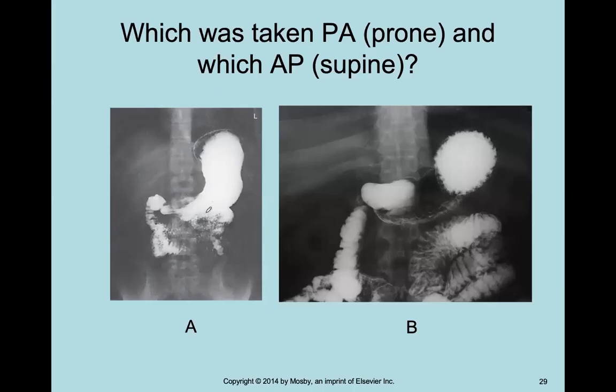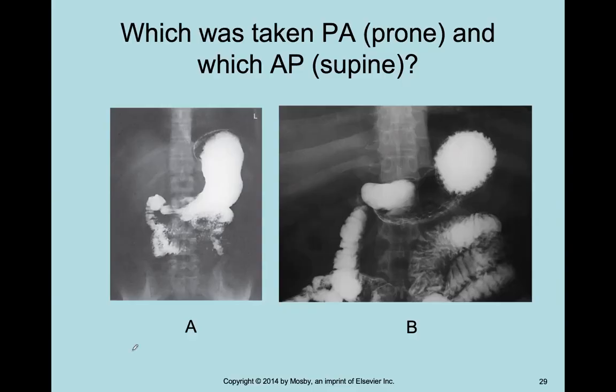Okay, so is this patient supine, AP, or PA, prone? Prone, very, very good. And it can get tricky when you're actually looking at a real image. Yes, this patient is prone. They're laying on their tummy. Okay, so the barium is going towards the most anterior surface of the stomach, which is the body.